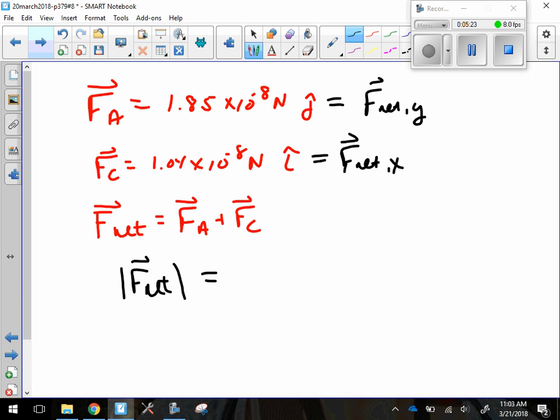So what's the magnitude of F net going to be? Yep, the square root of the sum of the squares of those components.